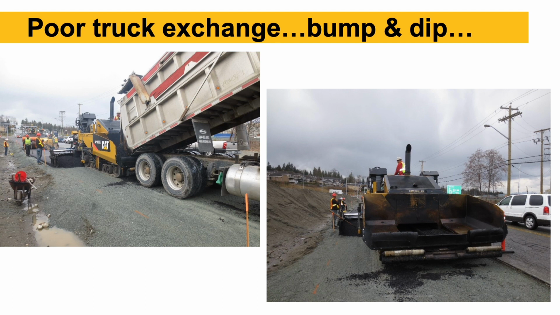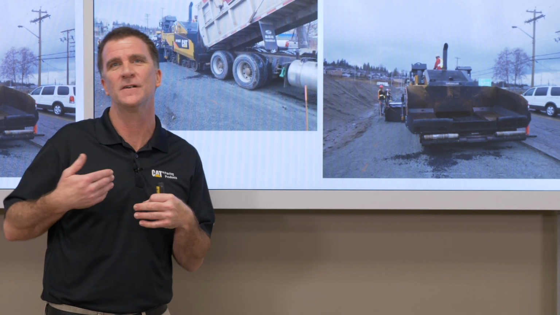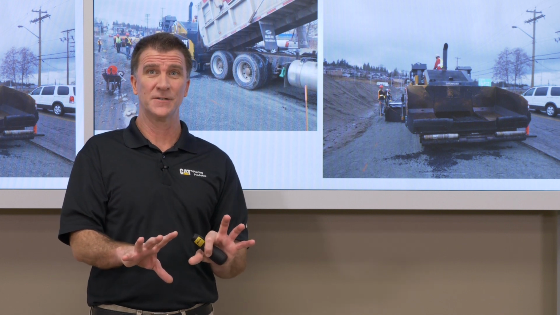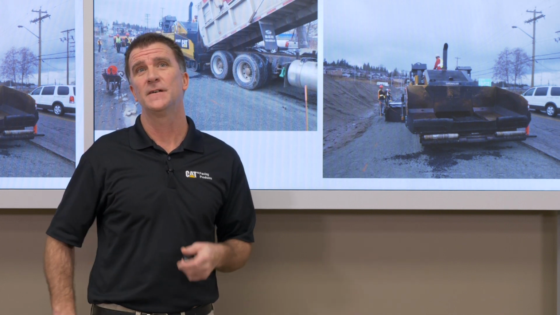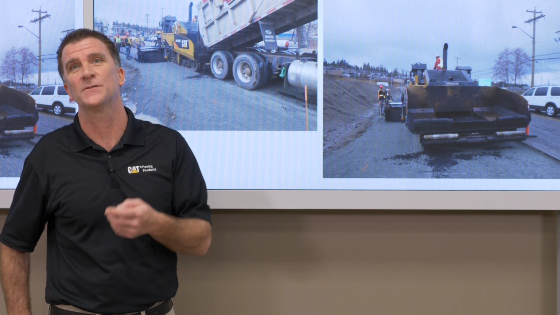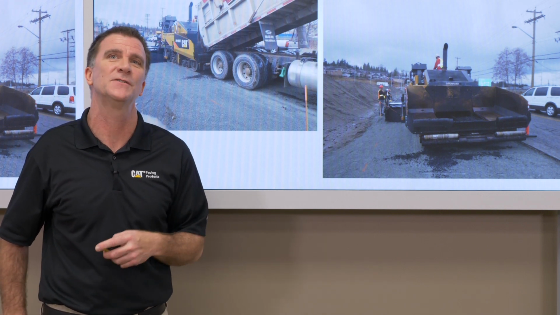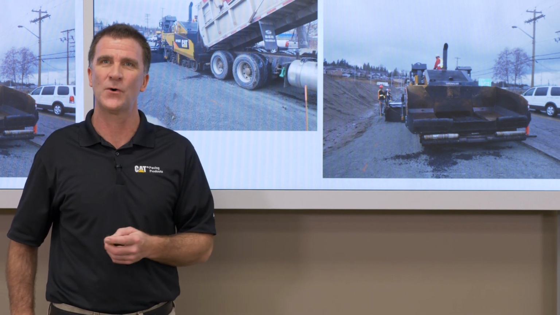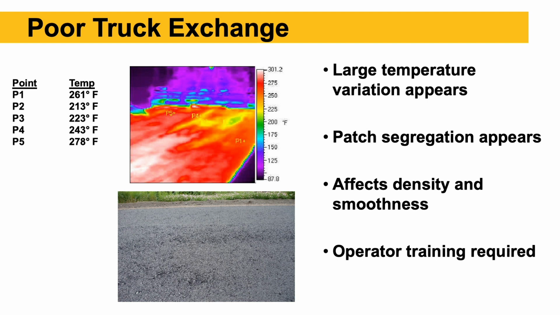We basically just created a bump and a dip in our mat. So when the next truck comes, we run mix back, so we're going to have a big head of material. That's going to cause our bump. Our dip was just caused by no head of material because we ran that hopper low. So it's kind of a double whammy when we leave that screed full and run our hopper empty.